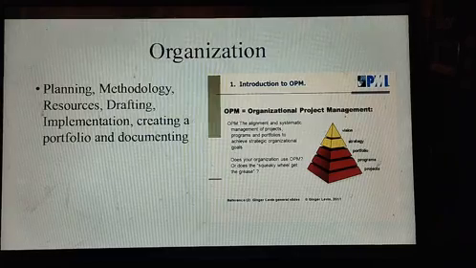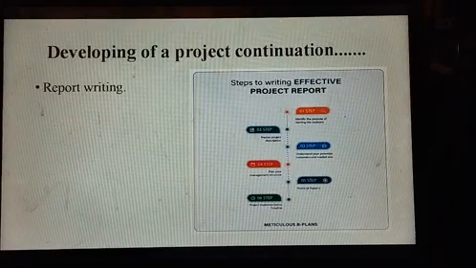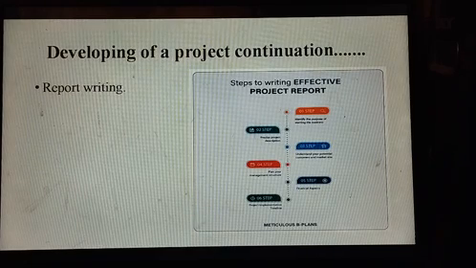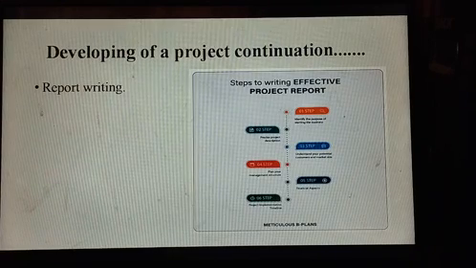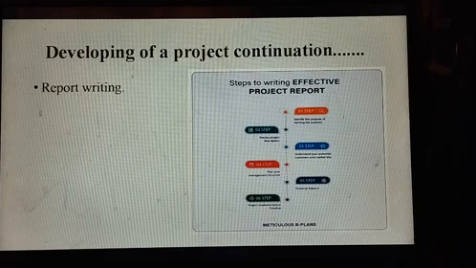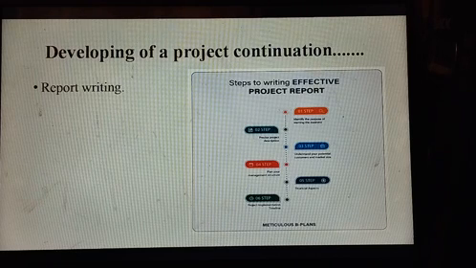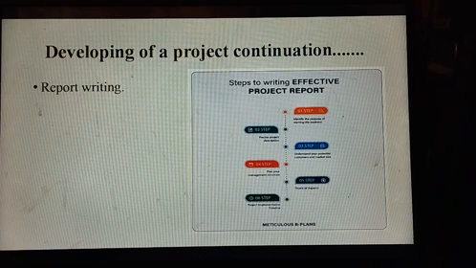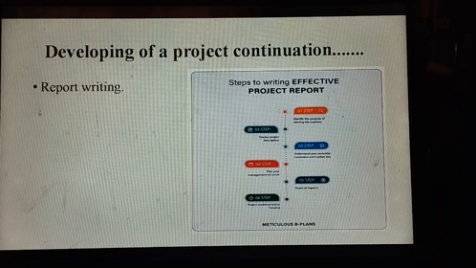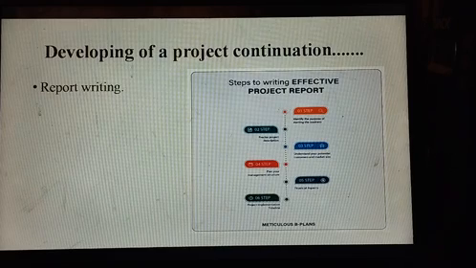If we continue, we have what we call developing a project report, writing a project report. So before we go to this last step of the component of a project, you find that at the end of the organization, the product is within, and the product may take 26 to 23 marks.